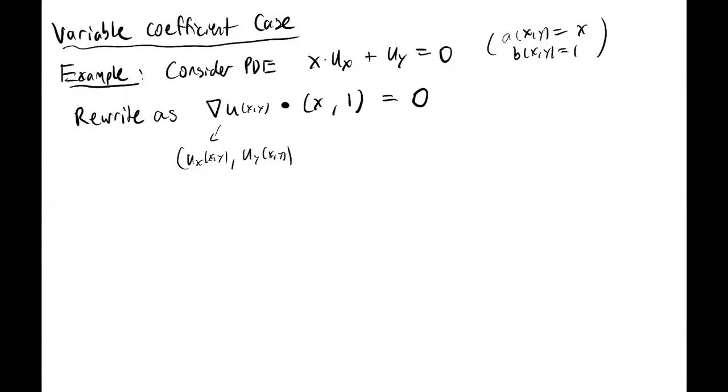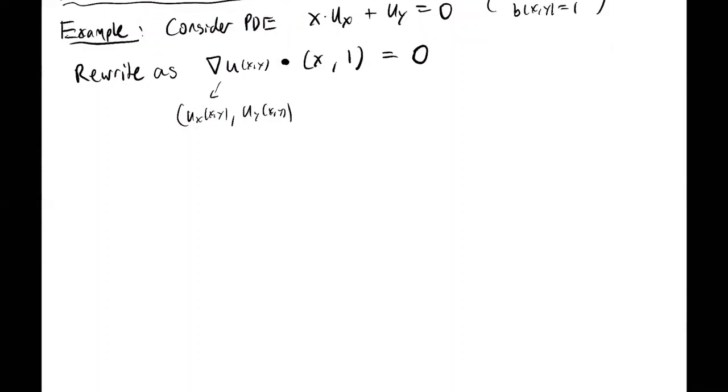Okay, and so what does this tell us? So this tells us, right, it says the following. So let's say I'm at a particular point, x comma y.